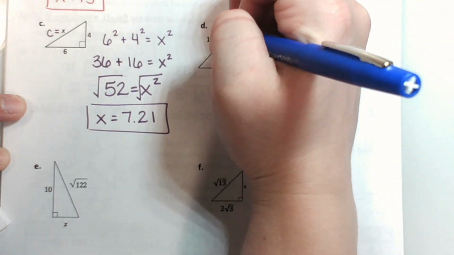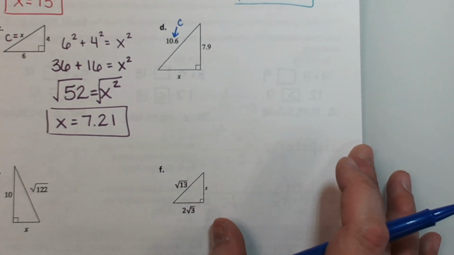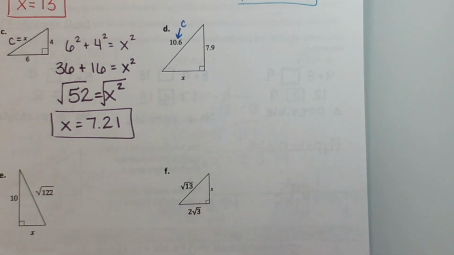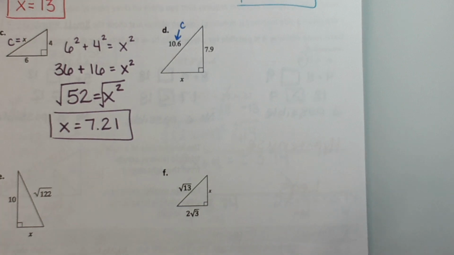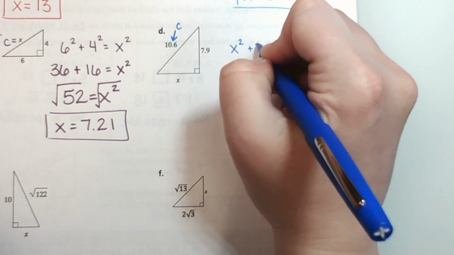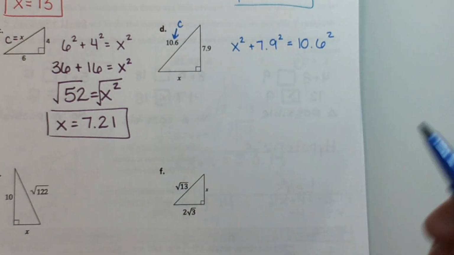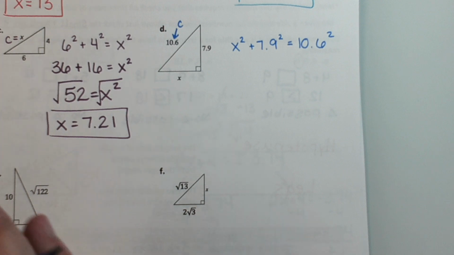Recognize which side's the hypotenuse, call it C. Trayton, what comes next? Beautiful. Kylie, now what?